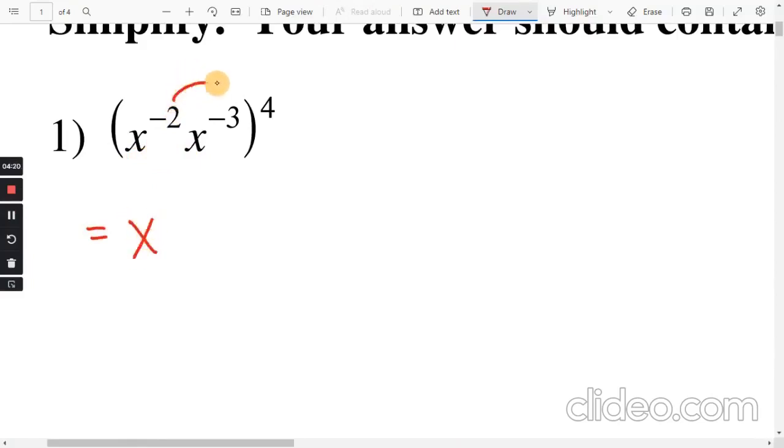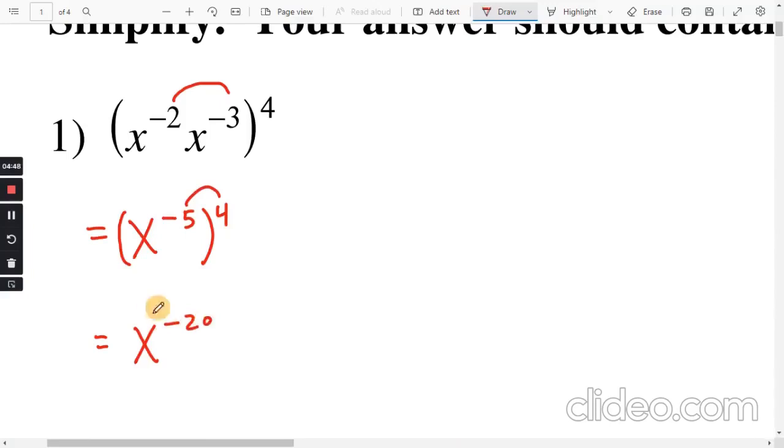So negative 2 plus negative 3 is going to be negative 5, and that is still raised to the power of 4. We said if we have something with an exponent raised to another exponent, you just multiply the exponents. So you keep the x, and negative 5 times 4 is negative 20.